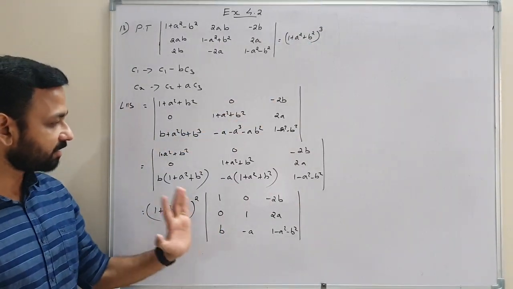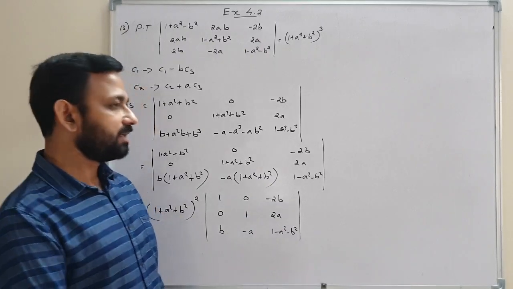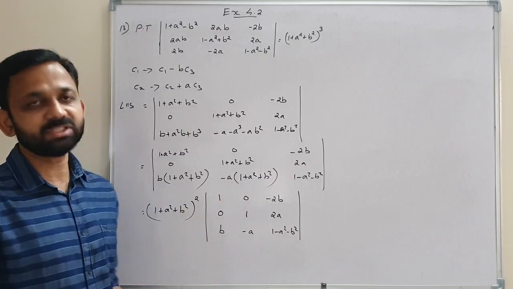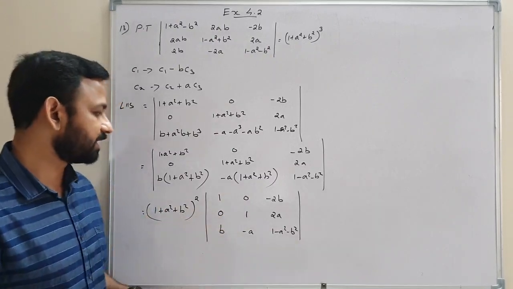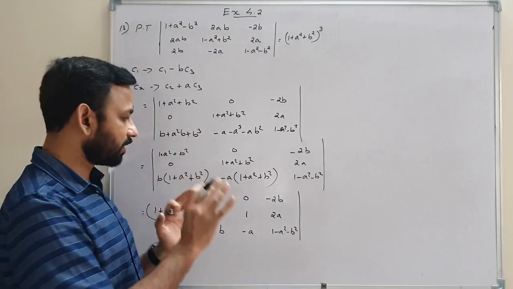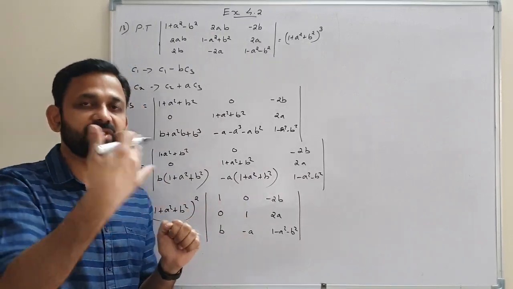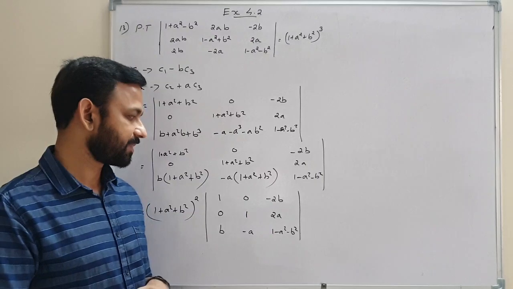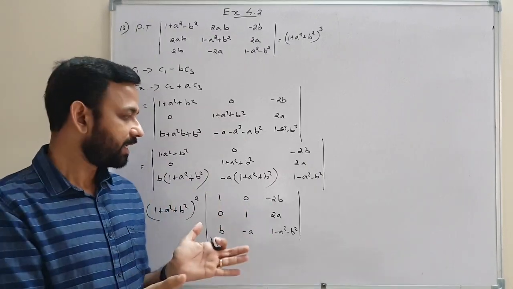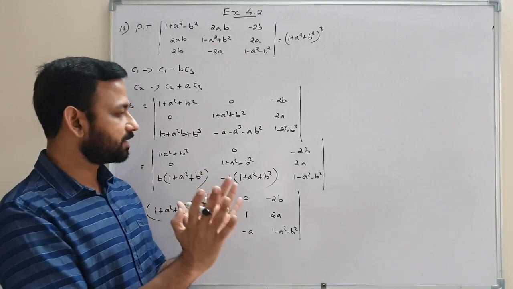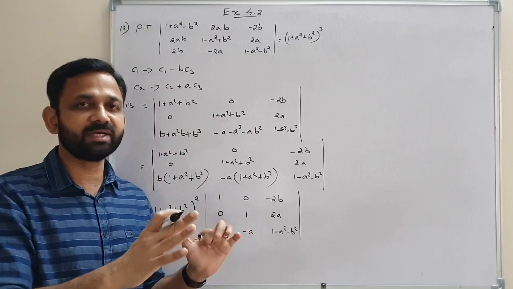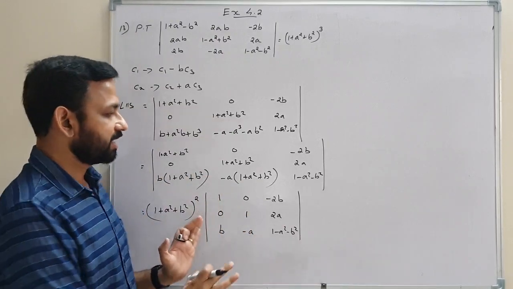So if we have some zeros, then when we do this type of questions by using properties of determinant, if we get 2 zeros in any one row or any one column, we can reduce it into a 2 by 2 determinant, and we will find the value of the determinant by direct method.